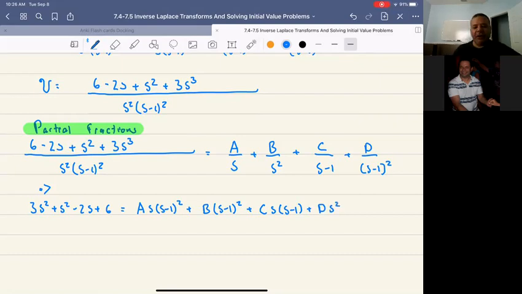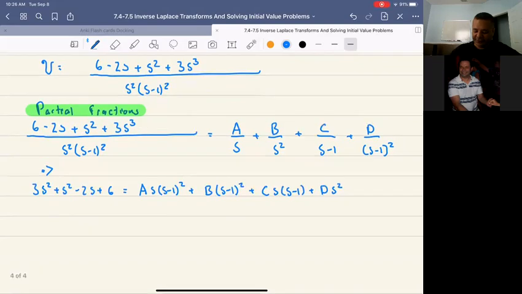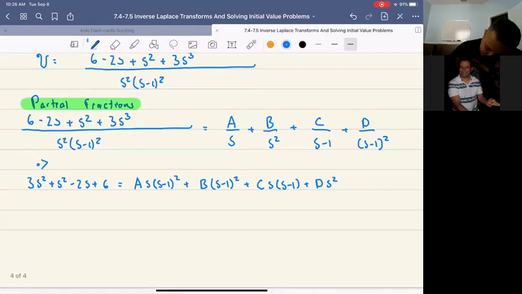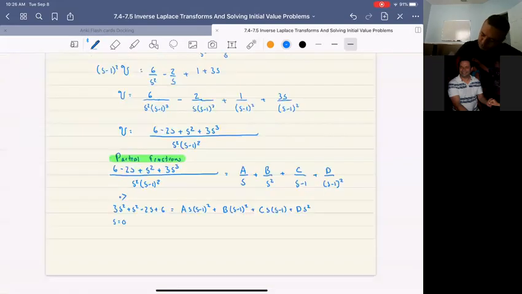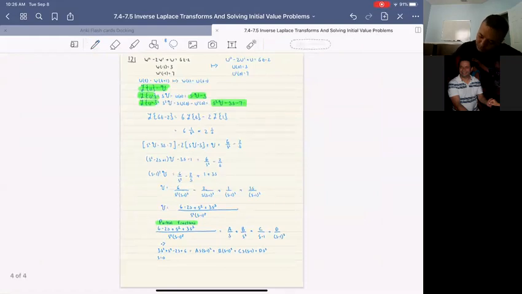All right, so let's start by taking s equals 0. That's going to get rid of a lot of stuff. Let me make this a little smaller.